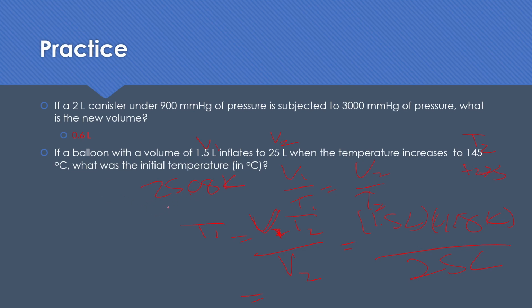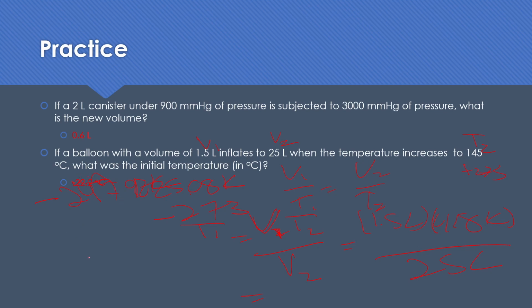And if you convert that to Celsius, so you subtract 273, you get negative 247.92, which is pretty darn cold. Ignore that.